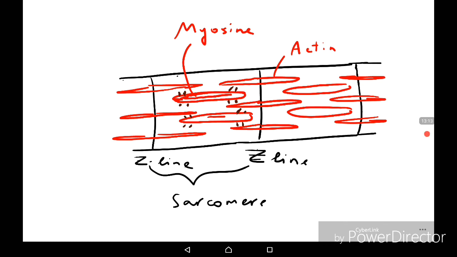So the filaments may pass each other when the angle of the myosin head changes. This change of the myosin head is called oar stroke.